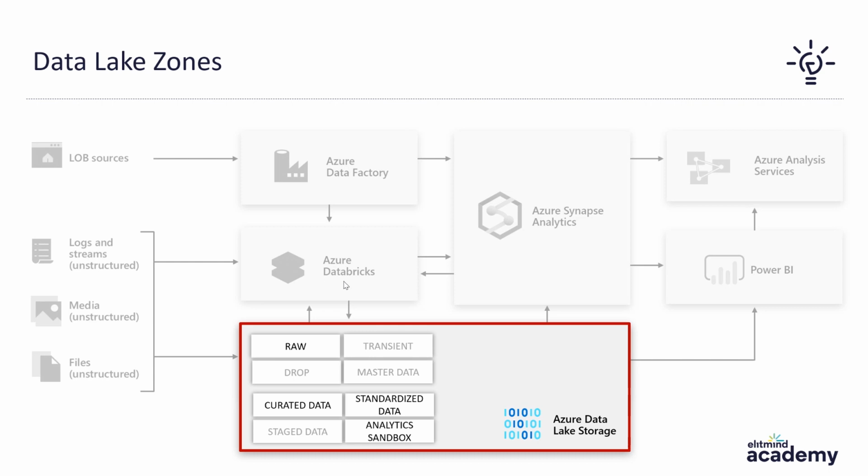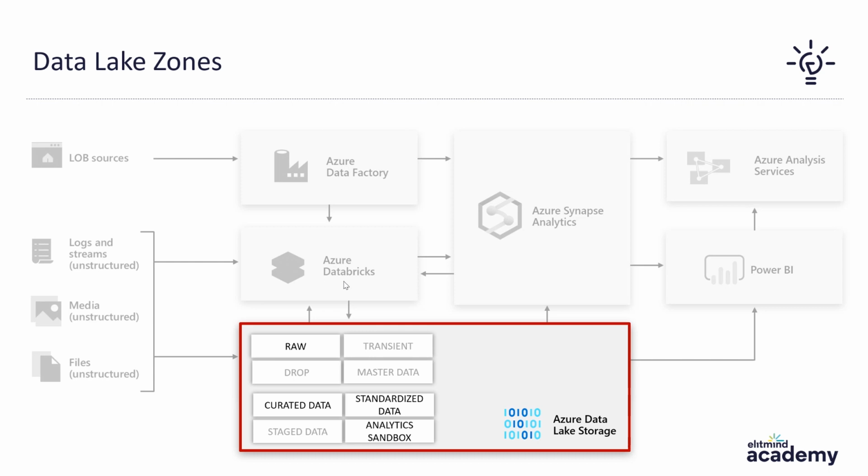Now, the analytics sandbox is a pretty interesting part of data lake. Typically, this is the zone used by the analysts to make sure that they can work on different zones and write back the results of their analytics in the data lake, so the results can be easily consumed either by the analysts or by the external users that the analysts are going to provide access to this sandbox.